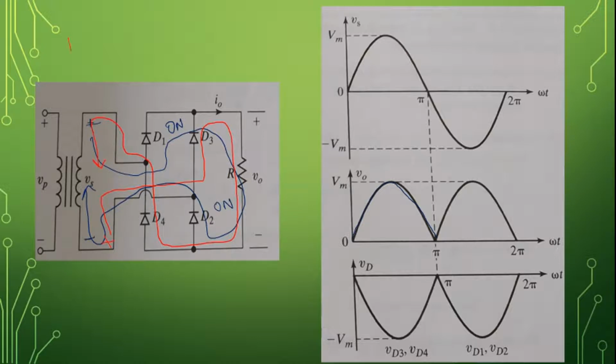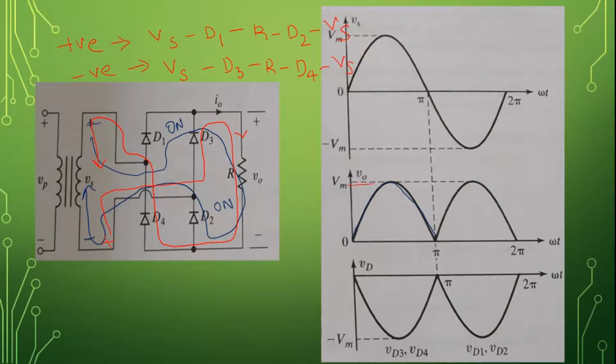So during positive half, the diode current flows through Vs, D1, R, D2, Vs. During negative half cycle, the current flows through Vs, D3, R, D4, Vs. So both positive half as well as negative half, the current flows through the load in the same direction. We have the output voltage positive.